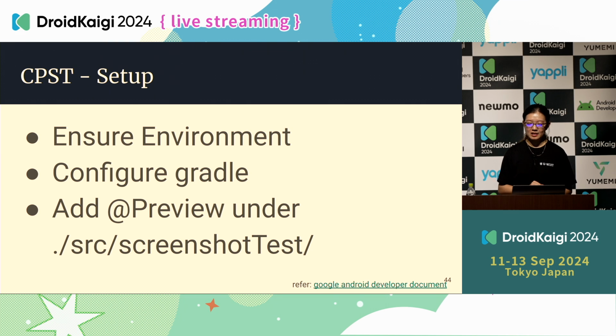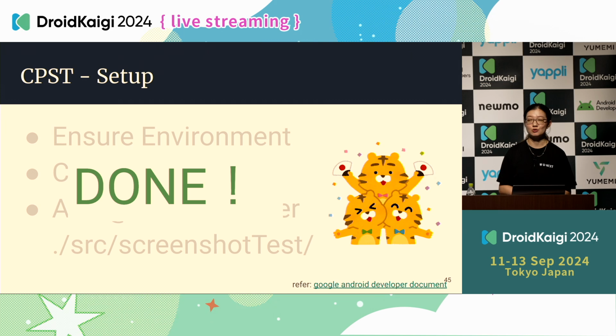I suspect this step is required because CPST is still in its experimental stage, so Google wants to keep it separate from the main source set from some production environment. And it's all done. You can enjoy running screenshot testing without any test code.